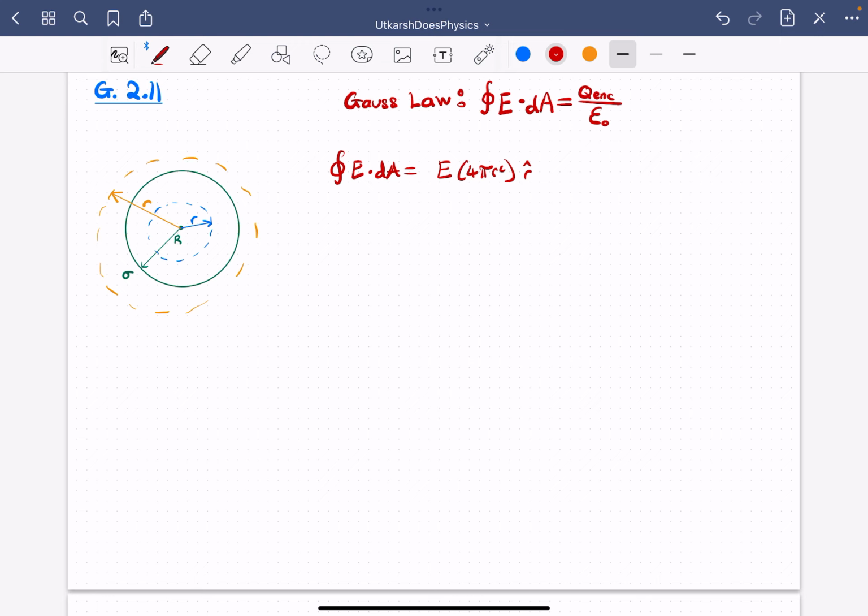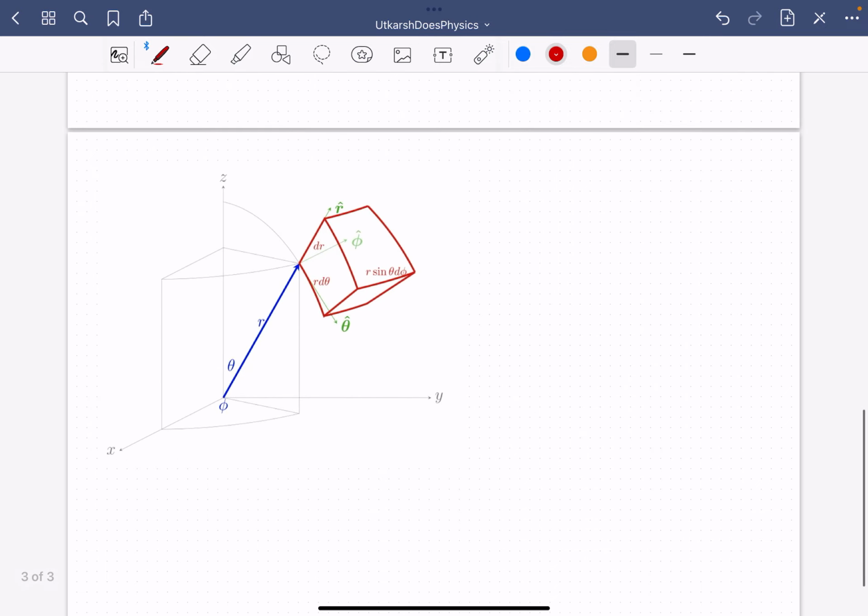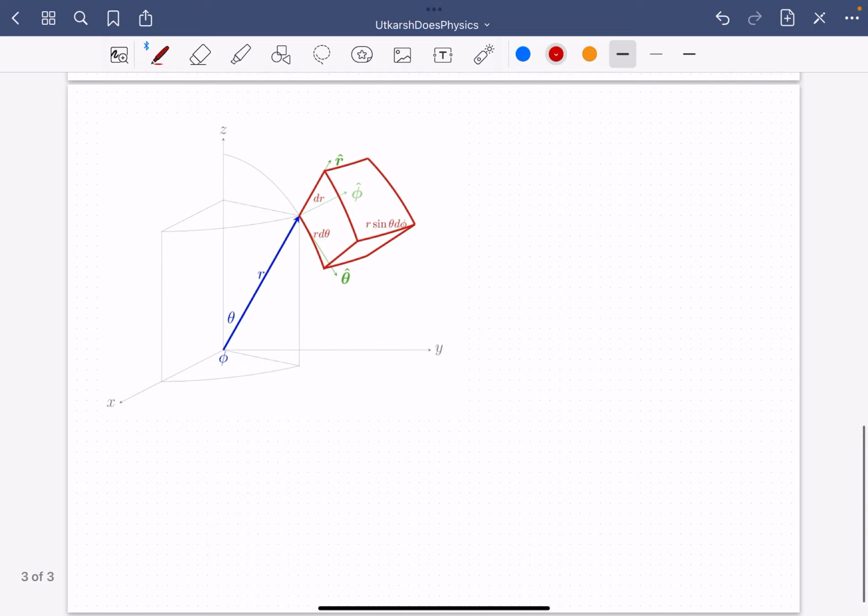And if you wanted a more thorough explanation of how we get E dot dA, you would once again have to refer to the del in spherical coordinates chart and then do a multi-dimensional integration. So I am going to cover it now, just for those of you that want to understand how it comes from. But if you want to skip over this section, you're more than welcome to do so. Essentially what we do is we want to calculate this area here on the surface, and it's pointing in the r hat direction.